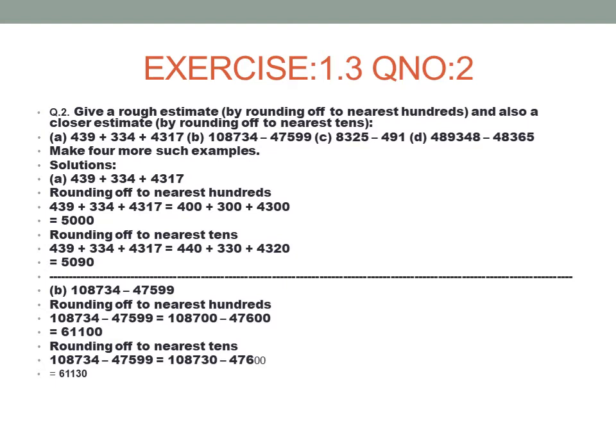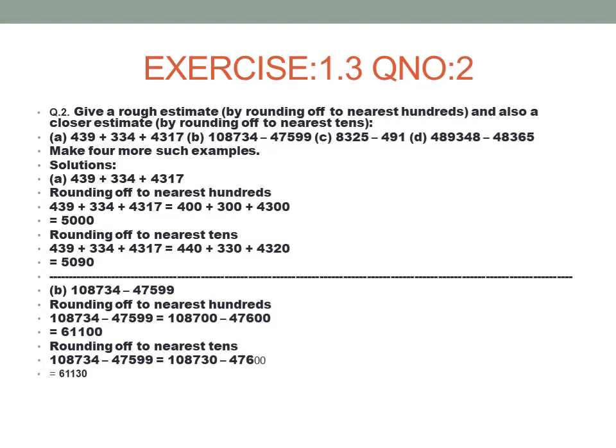Now just writing the rounding off to the hundreds, that is 1,08,700 minus 47,600. After doing the subtraction, we'll get the answer as 61,100. Now coming the rounding off to the nearest tens. So the given number only we have to change the tens place.